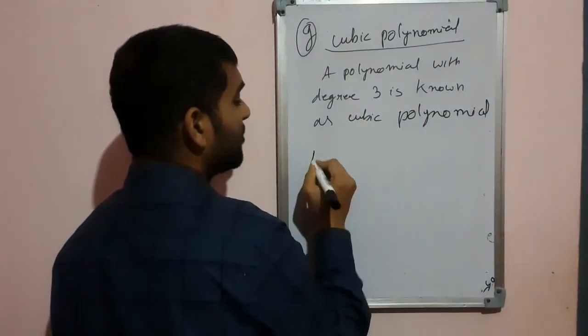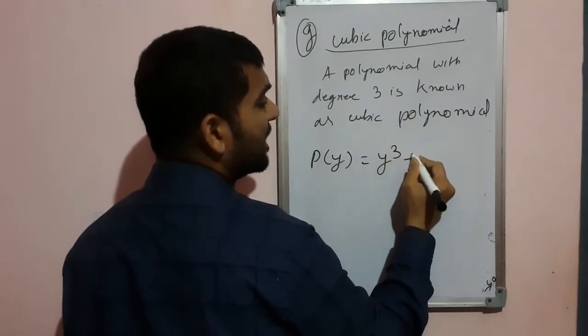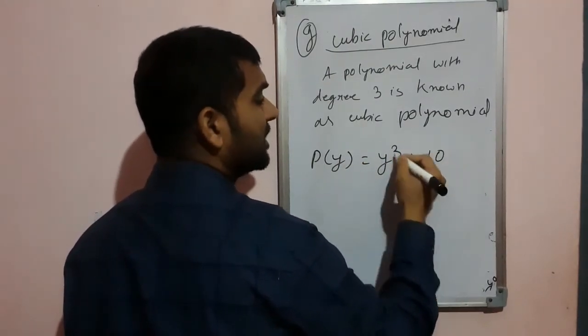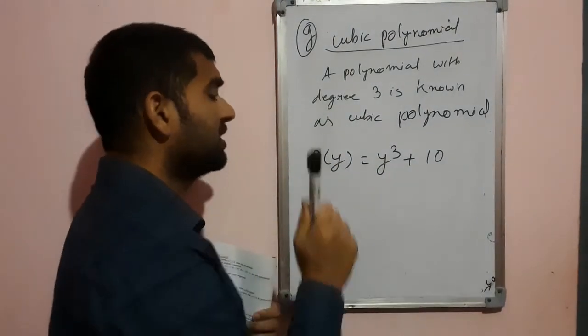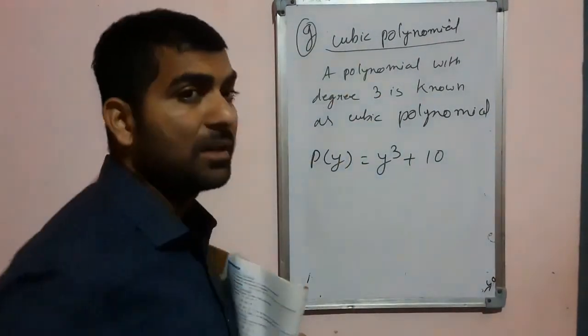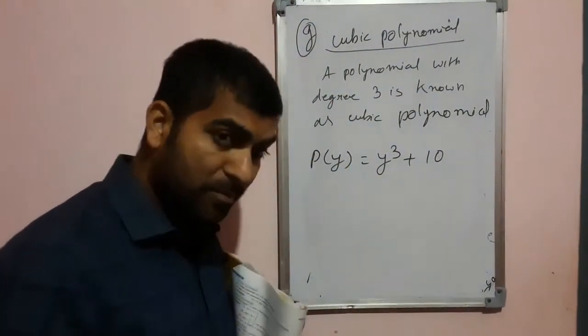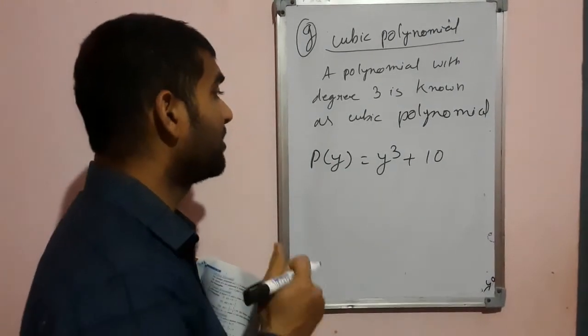Let us take one example, p(y) equal to y power 3 plus 10. See, what is the highest degree here? 3, the degree of y. That is the example of a cubic polynomial.